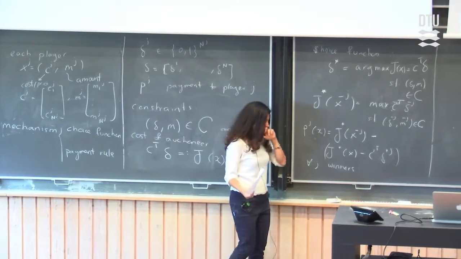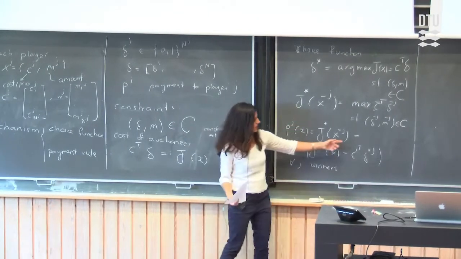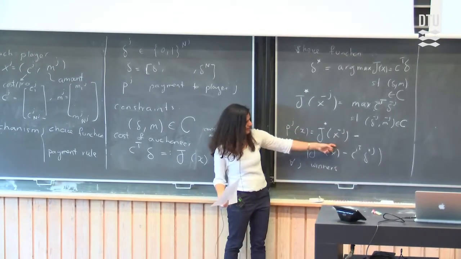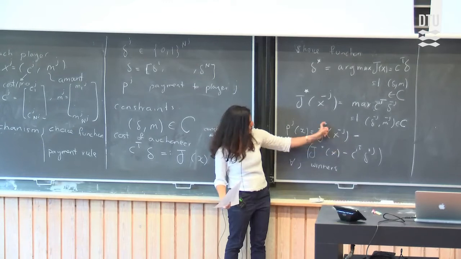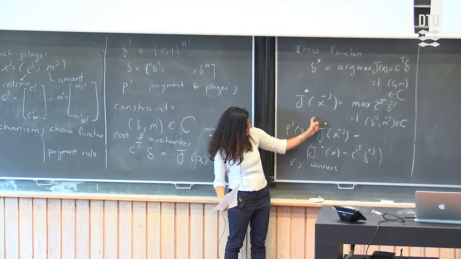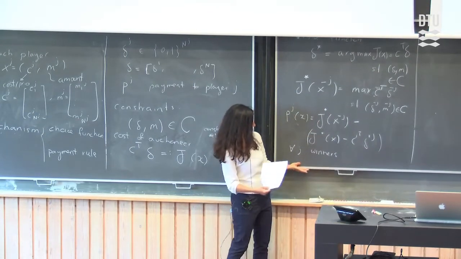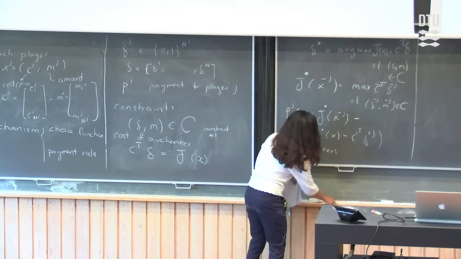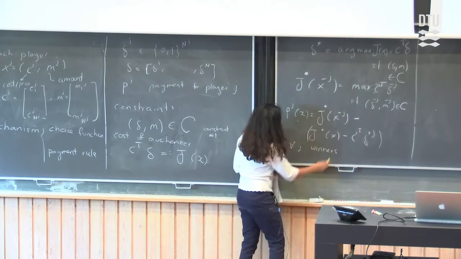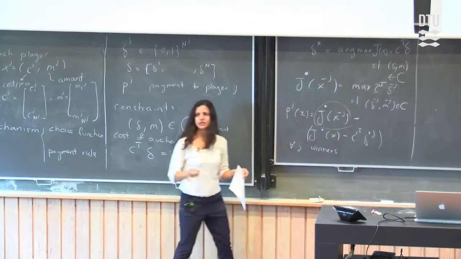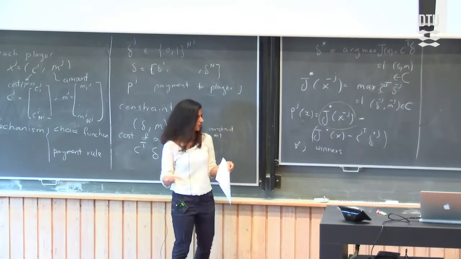Then the payment is you take away player J from the market, you compute the optimal cost. And then what is the second term? The first term is the optimal cost when player J is not in the market.